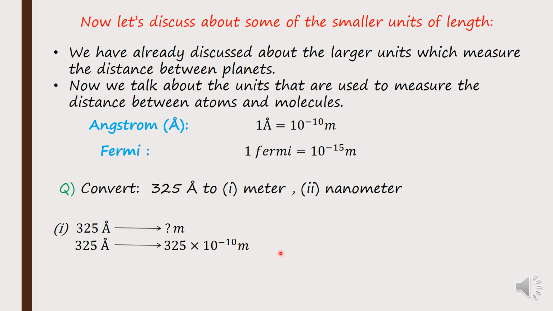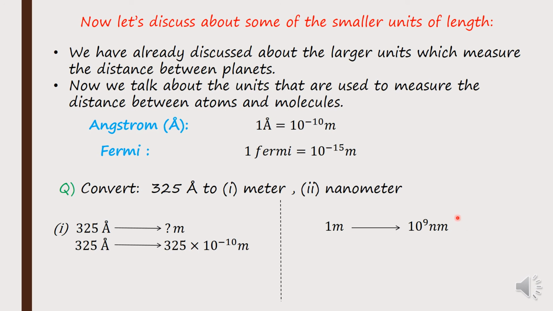Let us do the other one to understand more. We also know that 1 meter is equal to 10 to the power of 9 nanometers. We already said that 1 nanometer is equal to 10 to the power of minus 9 meters, so obviously we can infer that 1 meter is equal to 10 to the power of 9 nanometers.